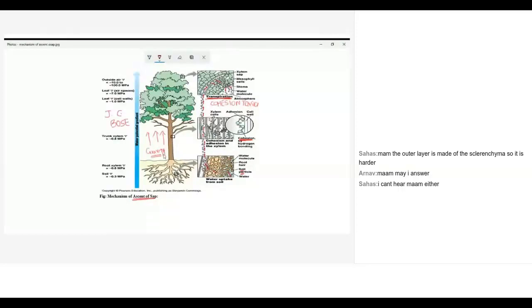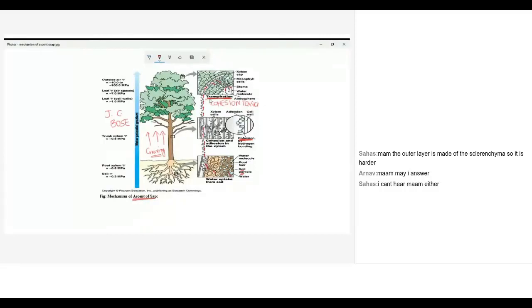Now this water potential development will help in pulling up the water from the soil against gravity and helps in transporting to different parts of the plant. This is what J.C. Bose had explained in his theory called cohesion tension theory.